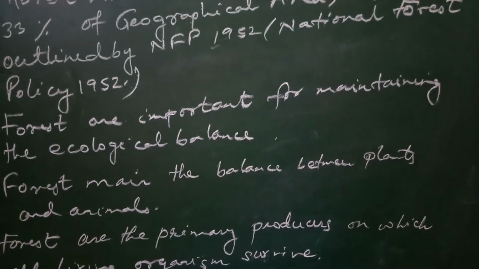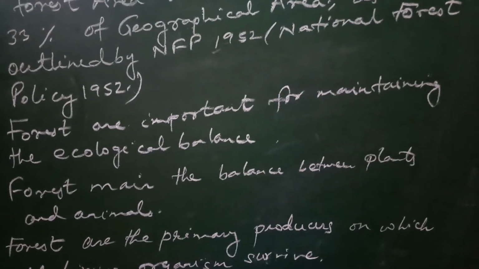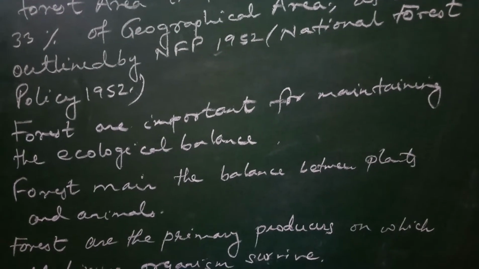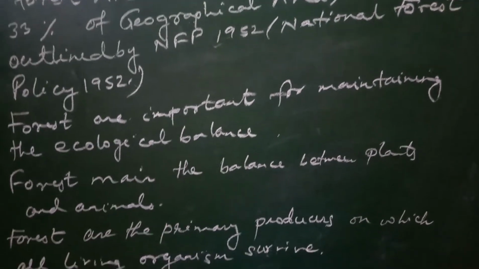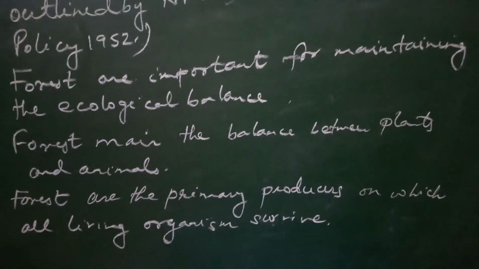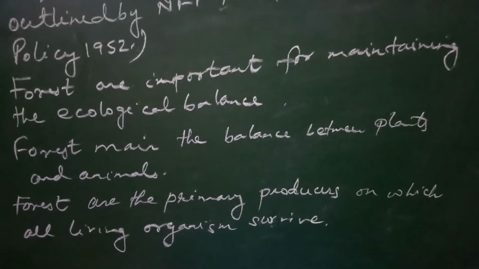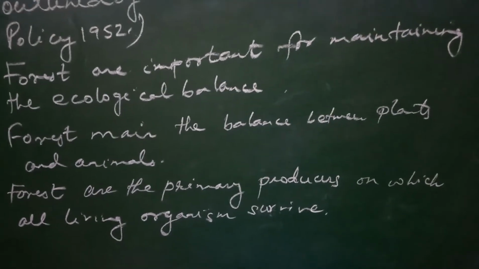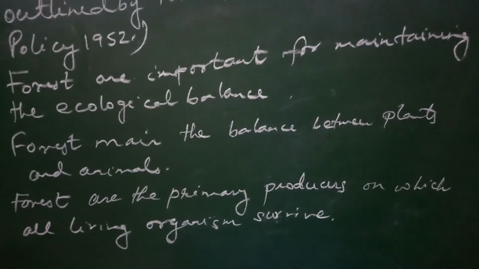It's less than 33%. If we are unable to give 33% of the total geographical area to forest, we will face certain problems, because forests are important for maintaining the ecological balance. They maintain the balance between plants and animals.